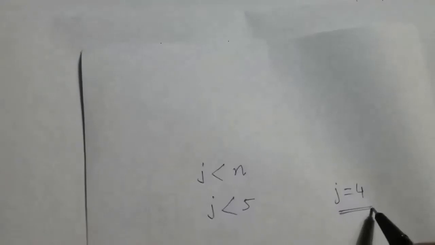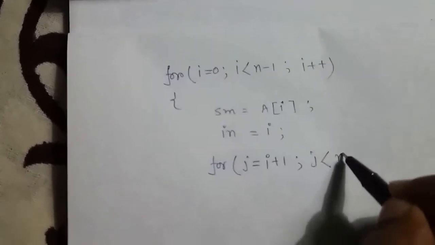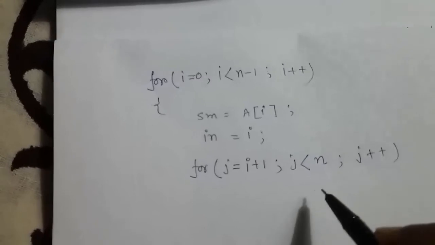So if I write here j less than n, then j less than n means 5, so j will get the value 4 at the last iteration of the inner loop.